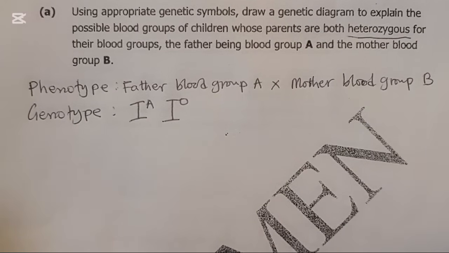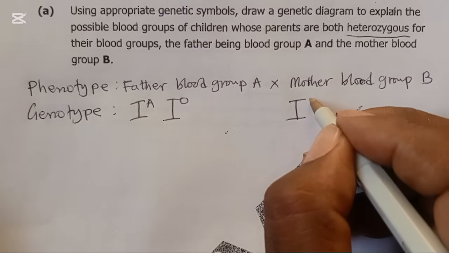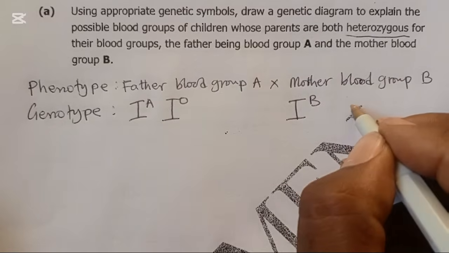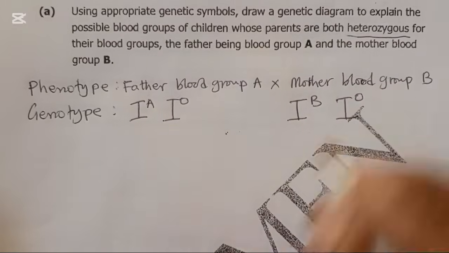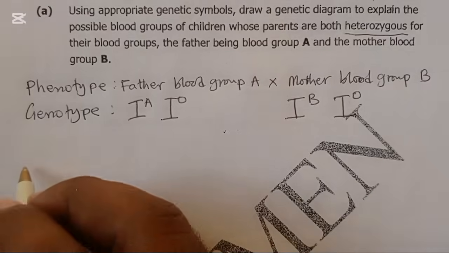Then the mother, blood group B heterozygous. If it was homozygous, it would have been BB. That's what it means. Then we have gametes.